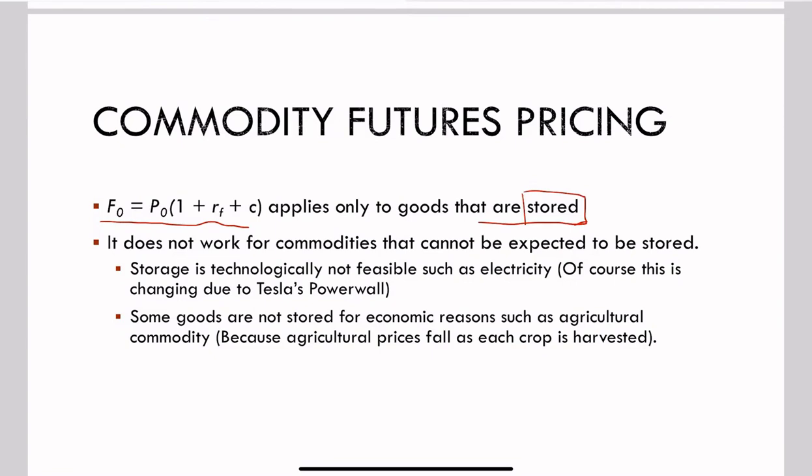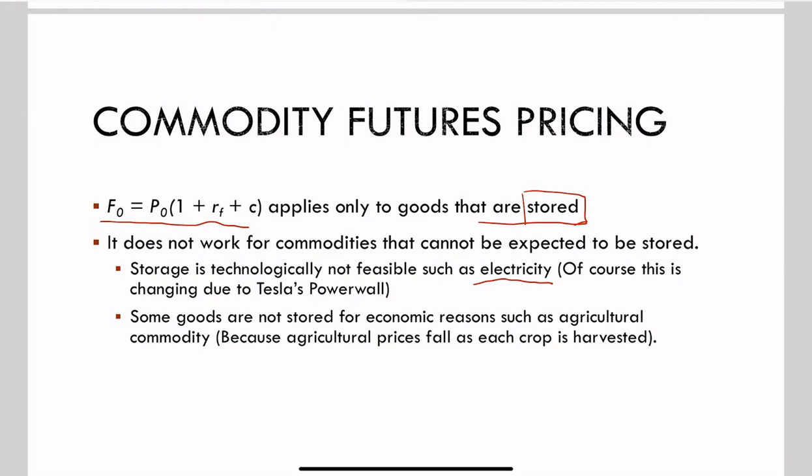Well, you might wonder, are there any commodities which cannot be stored? Well, there are some. Think about electricity. At least conventionally, you cannot store electricity in large amount. Of course, because of technological advancement, this could be possible in the future.